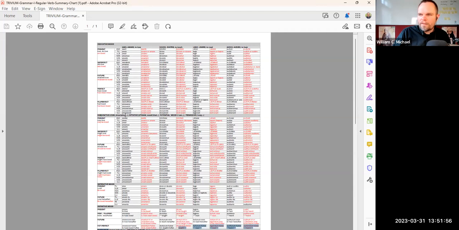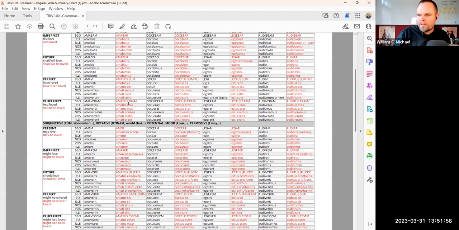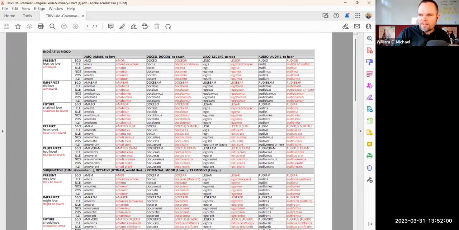Now, if you look in one section, so let's just zoom in here on this first section, the indicative mood. Follow me here. Indicative mood, you've got this first section, the top of the chart here. If you look on the left side, you'll see we have the tenses: present tense, imperfect tense, future tense, perfect tense, pluperfect tense. You've got the 5 major tenses.